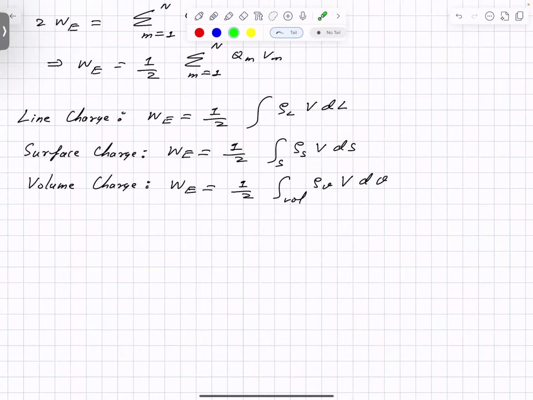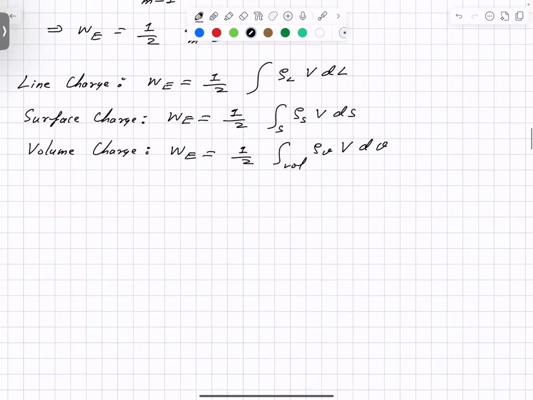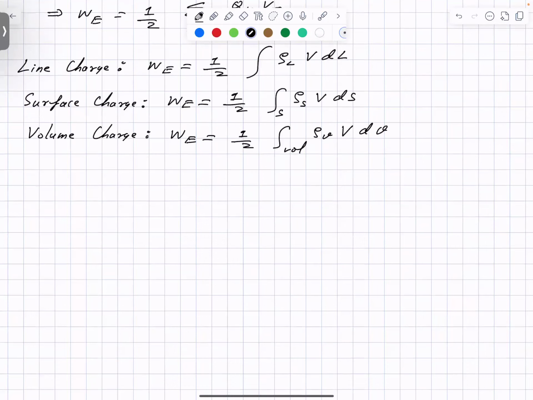Now, one final thing we're going to do is, for a volume charge density, derive an alternative expression for We. What we have is a useful expression, but we're going to find an alternative expression as well. Using vector calculus, we'll use an identity.